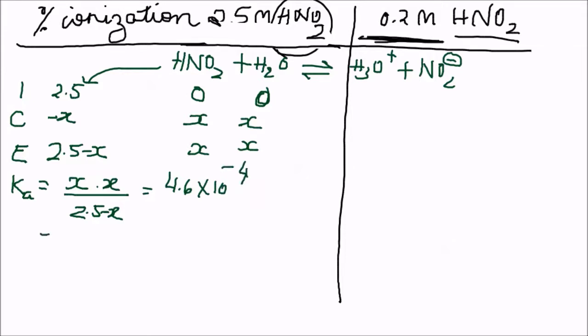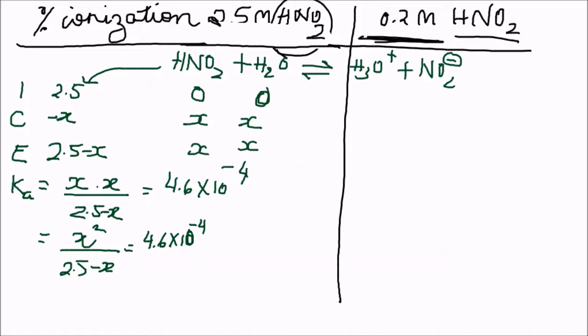So you have a relationship: x squared divided by 2.5 minus x equals 4.6 times 10 to the power of negative 4. And you have to ask yourself whether or not you can use the approximation.